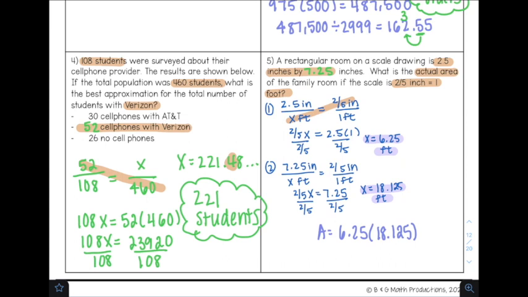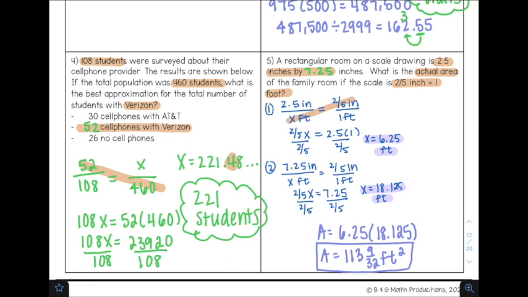Use my calculator, I am going to get 113 and 9/32 feet squared. So when you're dealing with area, you're dealing with units squared. I converted mine to a fraction because it was a long decimal. It's 9/32 feet squared. And I had my 113. And that would be my answer for number 5.